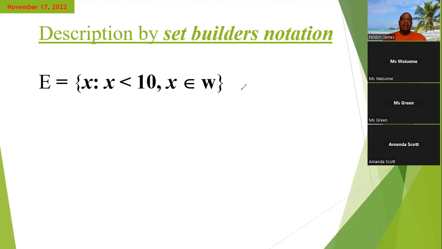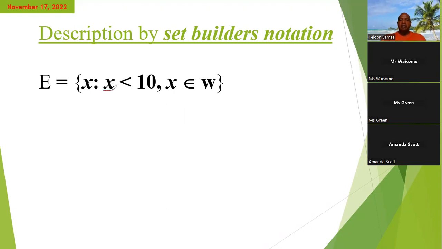Yes, sir. Most times when you're in a question, you will find that they will have a follow-up question. By giving you this, they may ask you to list the members. To list the members means that you have to know what the range of values are. Based on this description, this is a set of elements X. Now, X, as we know, would have been an unknown, but the description tells you what the range of values for X ought to be.